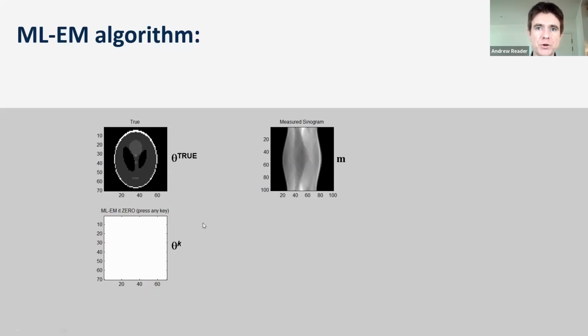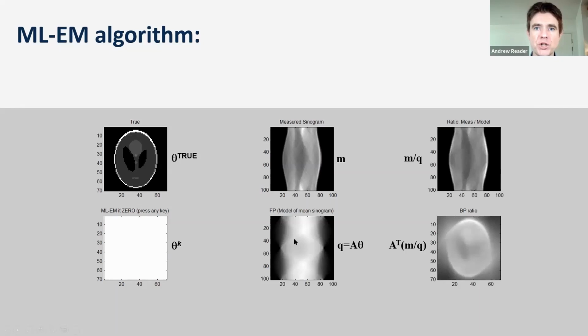And then as we know, the first step is to forward project that. So here, this is a forward projection of my uniform activity distribution. Forgive the change of notation. This is just the forward model equal to the system model times x, if you like. This is xk in previous notation. And then what we're doing, as we know, based on the gradient of the Poisson log likelihood, is that we need to use the ratio of the measured to the model of the mean.